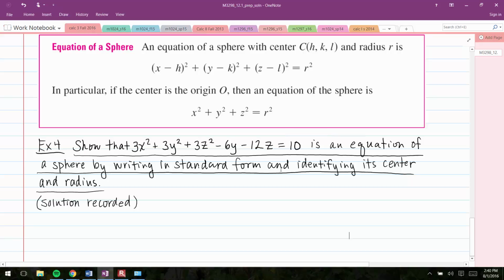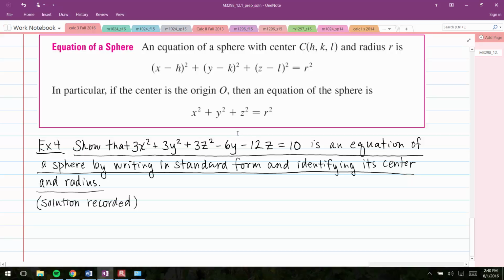So for the x term, h is going to be equal to 0 because we don't have that x term. Similar to the extreme case where h, k, and l are 0, then the equation of a sphere reduces down to x squared plus y squared plus z squared equals r squared.